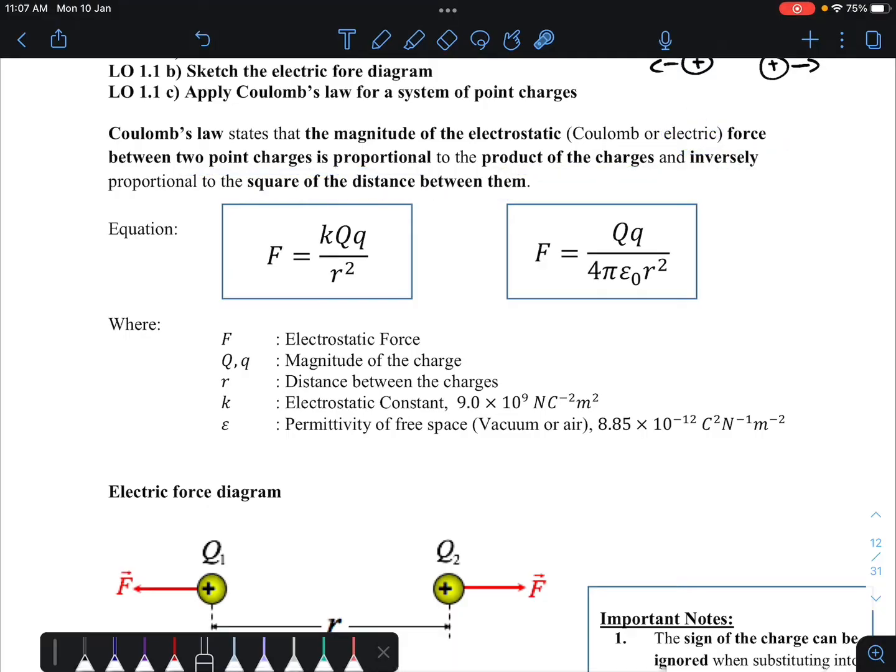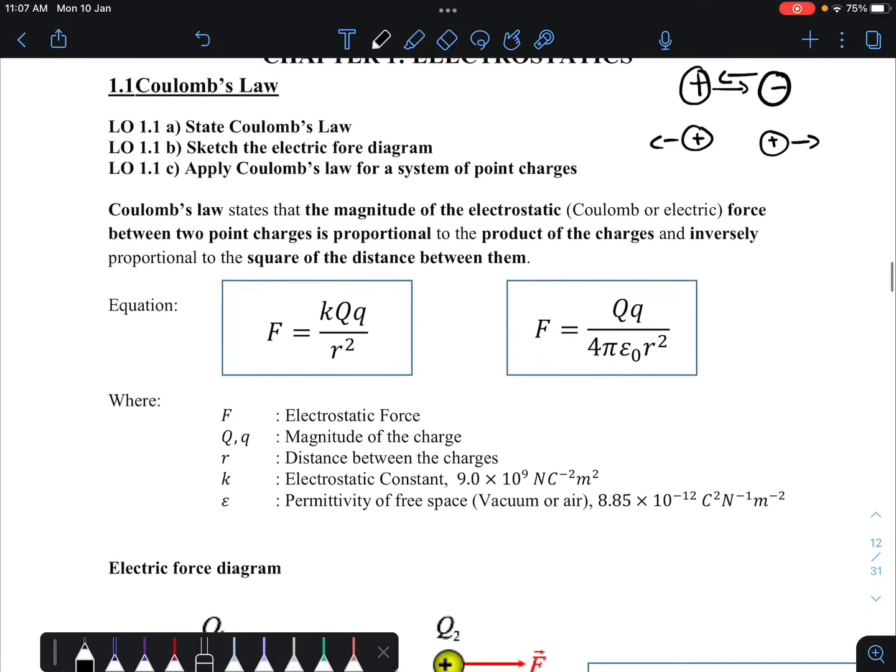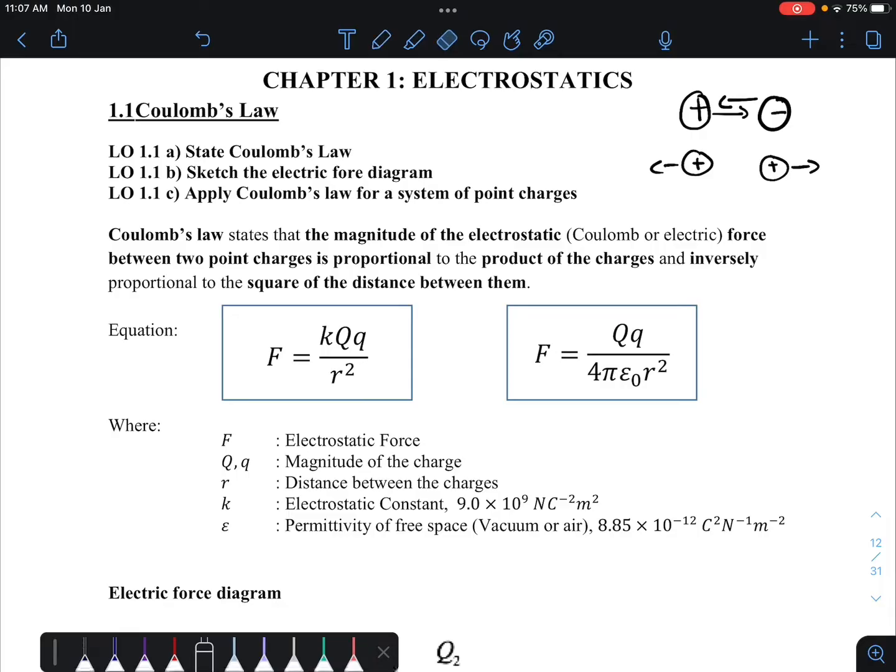square distance between them. So let's say we have these 2 charges here, a positive and a negative charge. As we know, these positive and negative charges are going to attract towards each other, and that attraction is a force. We call it an attractive force.